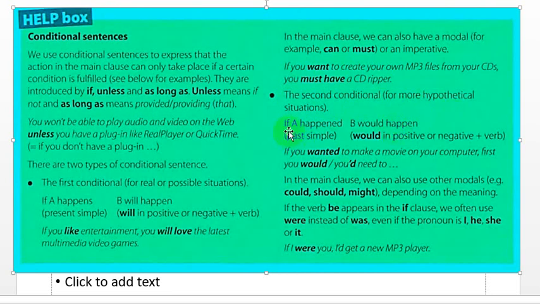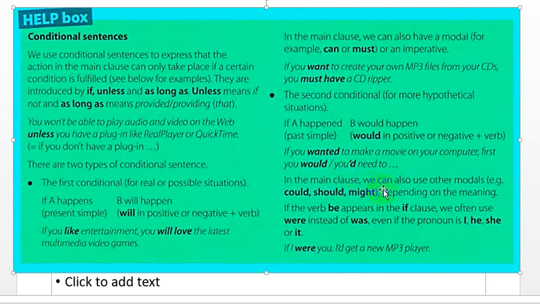For example, if you wanted, it is in the past, if you wanted to make a movie on your computer, first you would or you'd need to have a camera, a digital camera. You would, it is past.